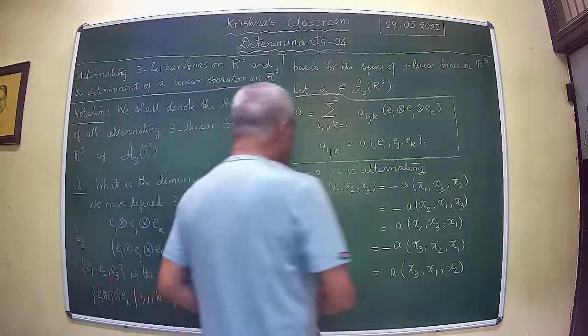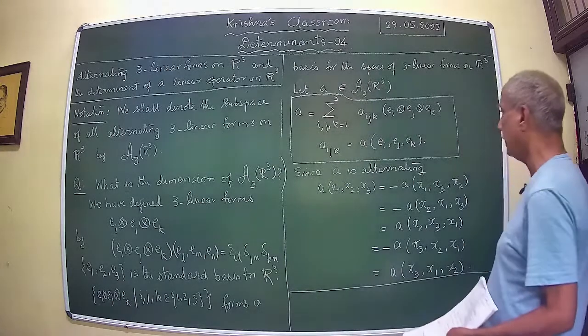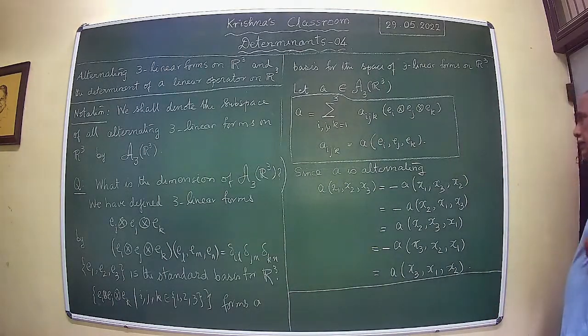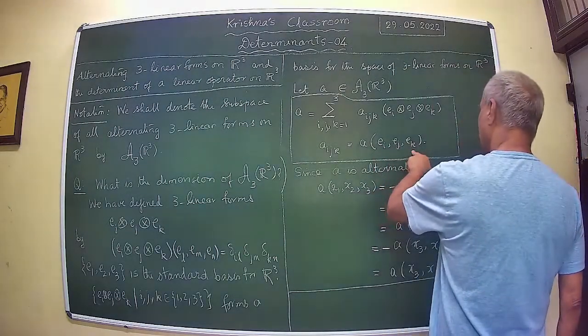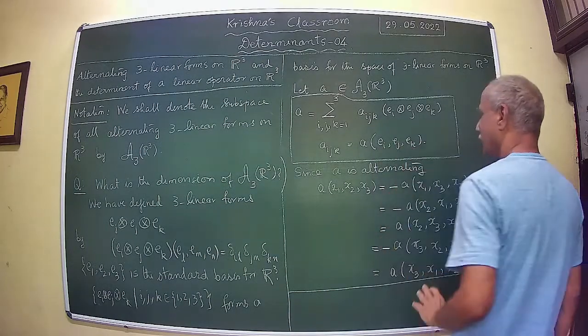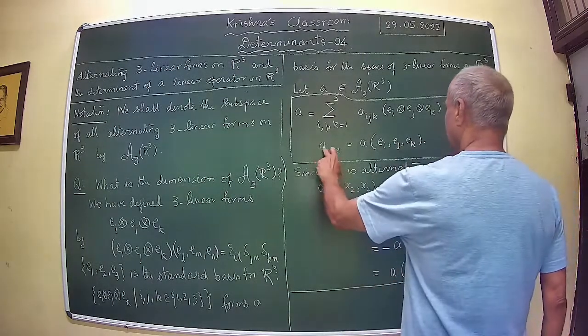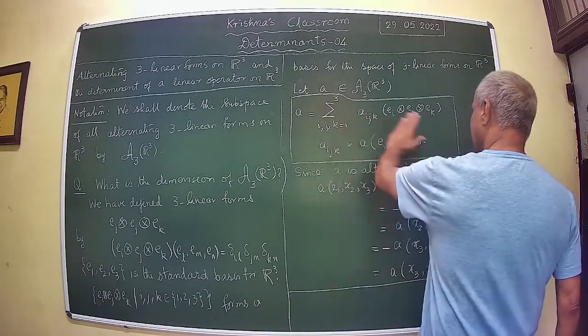So if we use this, now what you get is the following. Now you see that whenever Ei equals Ej or Ej equals Ek or Ei equals Ek, you know the corresponding coefficient vanishes because A is alternating.